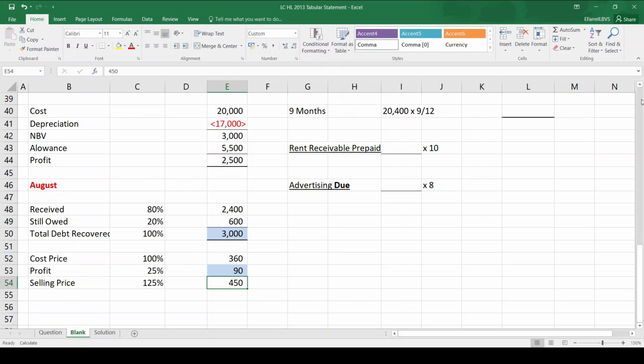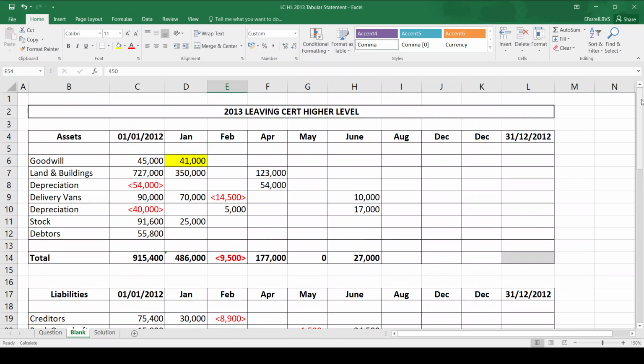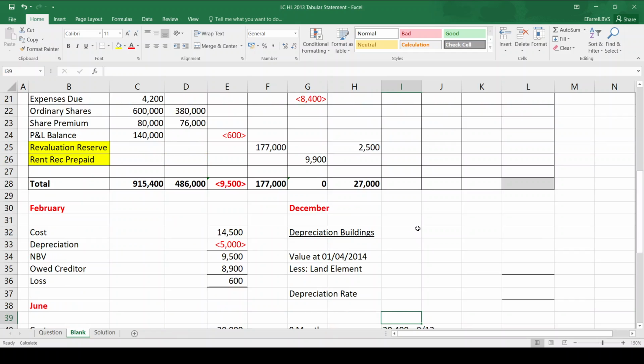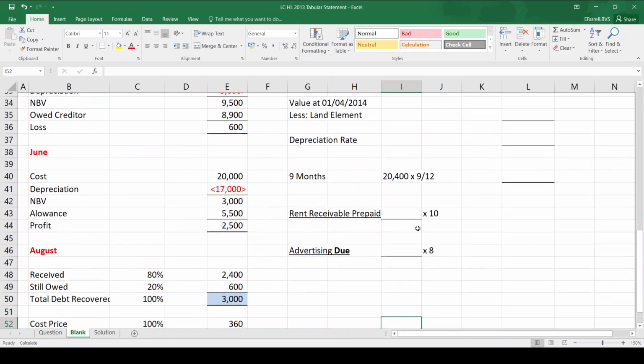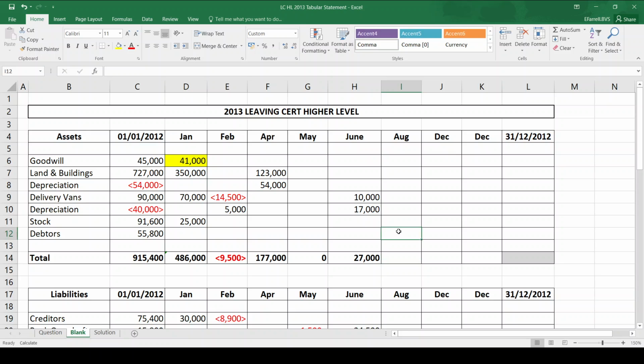So to put this into the tabular statement then, for August, first of all, I'm going to reduce stock by €360 because the cost of the stock that I sold them was €360 and stock was valued at cost price. So stock will reduce by €360 as we do not have that stock anymore.